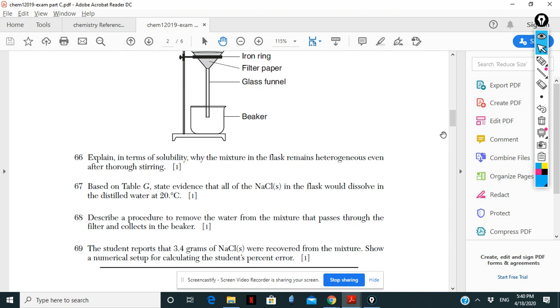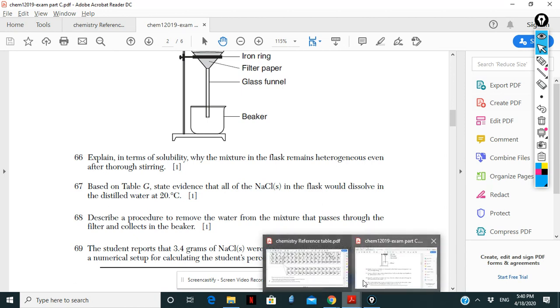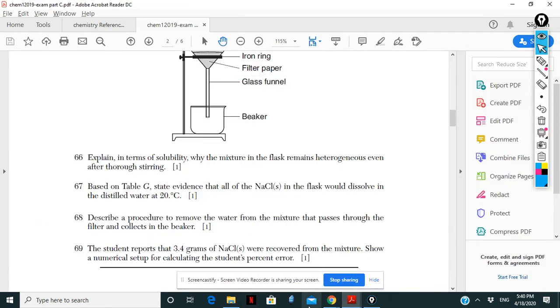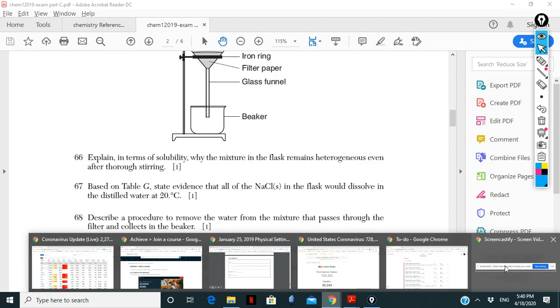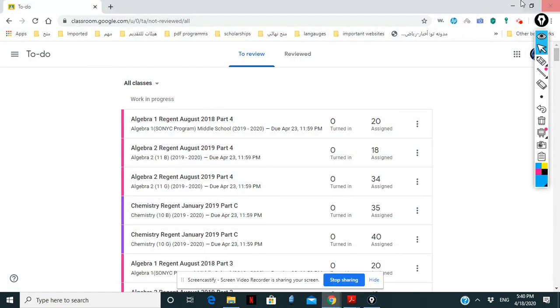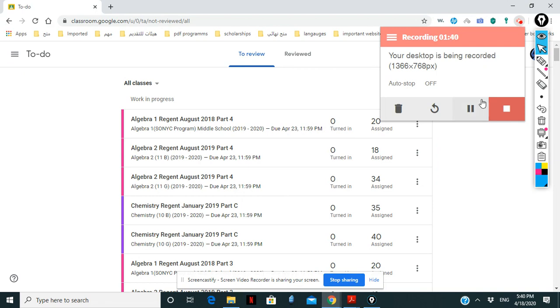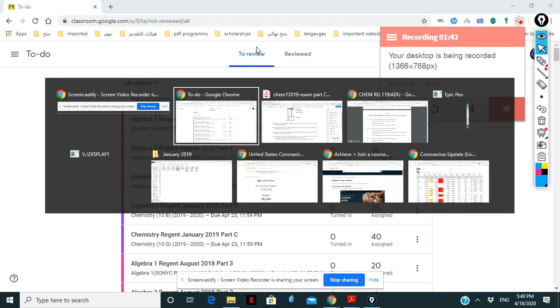Explain, in terms of solubility, why the mixture in the flask remains heterogeneous even after thorough stirring.